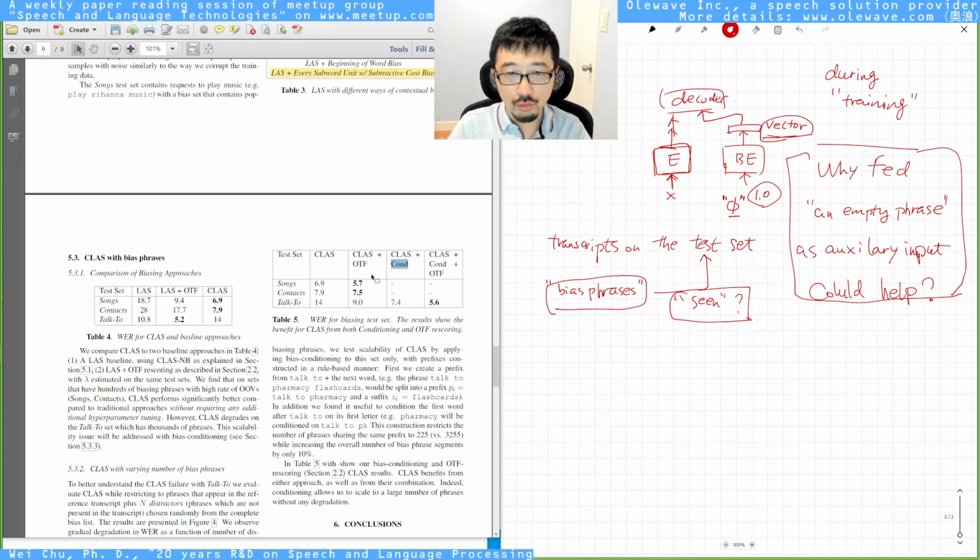Oh, there's CLAS with OTF, and you can see when the conditioning is added, the result is getting better, and when the rescoring is added, you get a 5.6, but it's still worse than the original system with the rescoring.